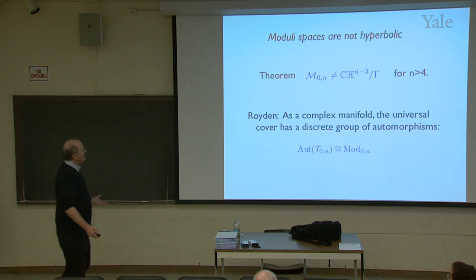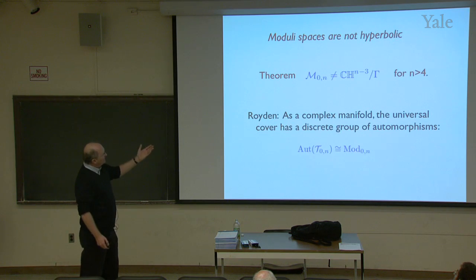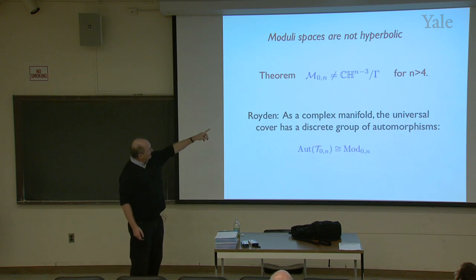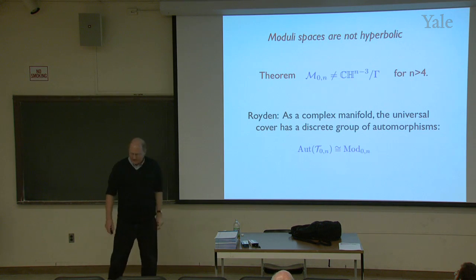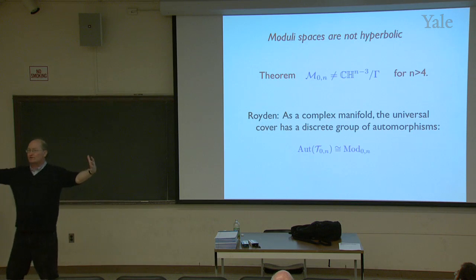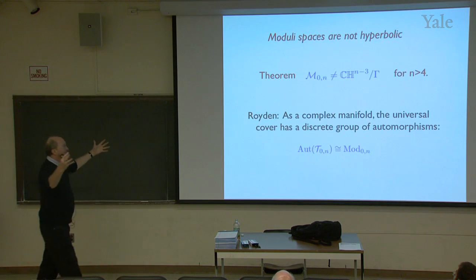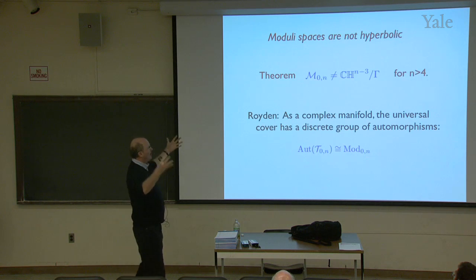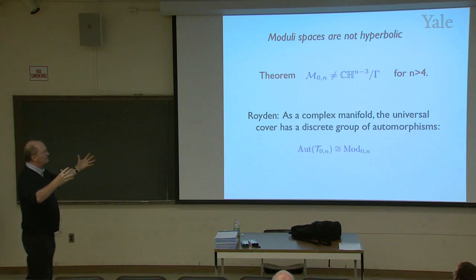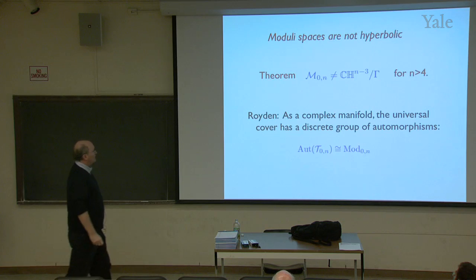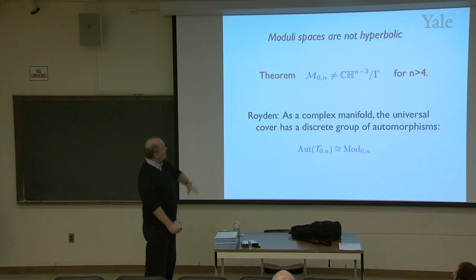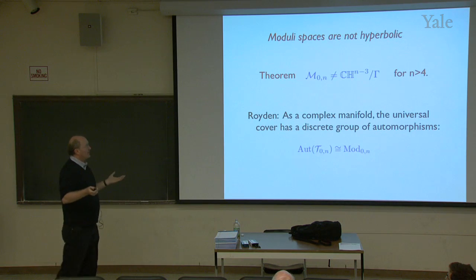And one of the reasons we know this is that there's a beautiful theorem of Royden. You see, if moduli space were complex hyperbolic, then its universal cover would be this beautiful symmetric space. It would be just a ball in Cn. It would have a huge automorphism group, even as a complex manifold. But Royden showed that, in fact, the universal cover of moduli space has a discrete group of automorphisms.